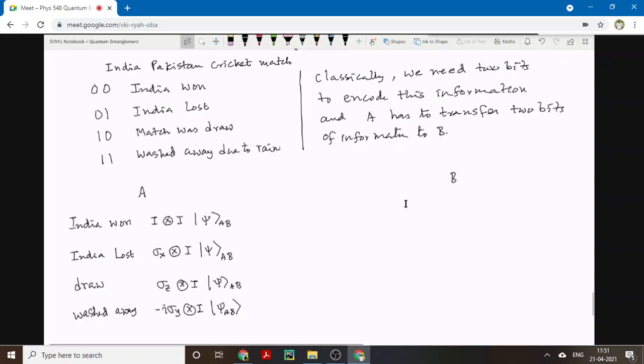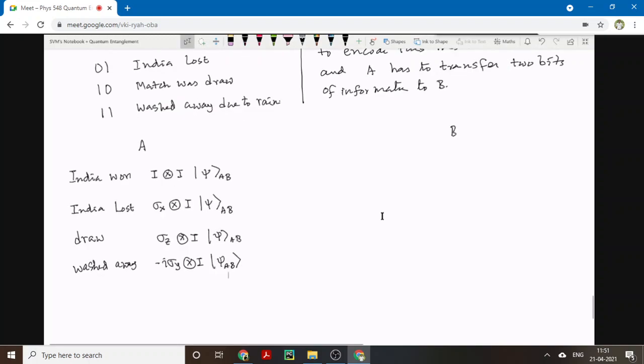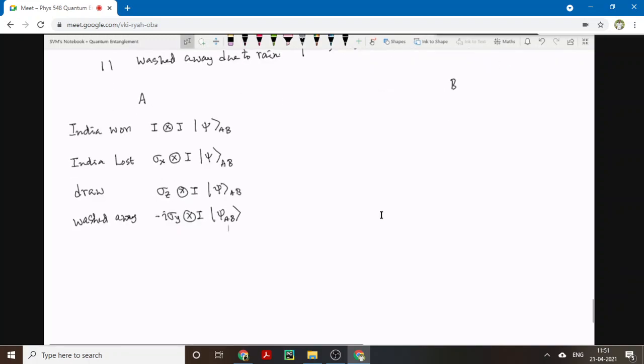Now let us try to understand what happens to these states. I cross I will not do anything, so this will be simply psi AB, which I write as 1 by root 2 times (00 plus 11).